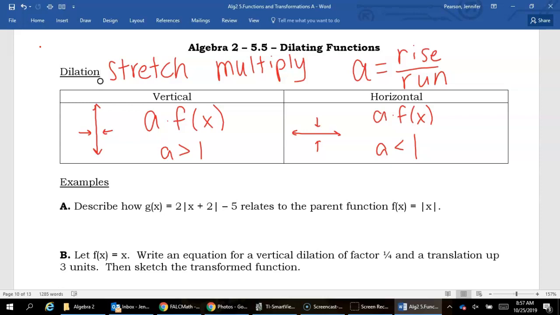Now I said you can also technically divide these. If you were going to divide by a number instead, what you would notice happen is if you are dividing by a decimal, it would do the same thing as multiplying by a larger number.